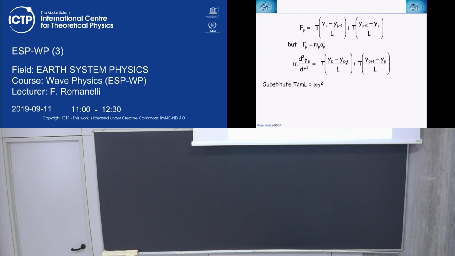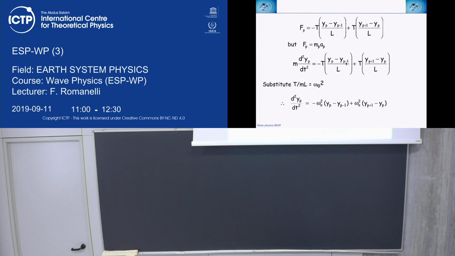Good. You can rearrange it. I hope you trust that if you do the proper units computation, omega 0 will be a pulsation, so an angular frequency, angular velocity, so it will be 2 pi times f. Good. And that's the dynamic equation for that particle.